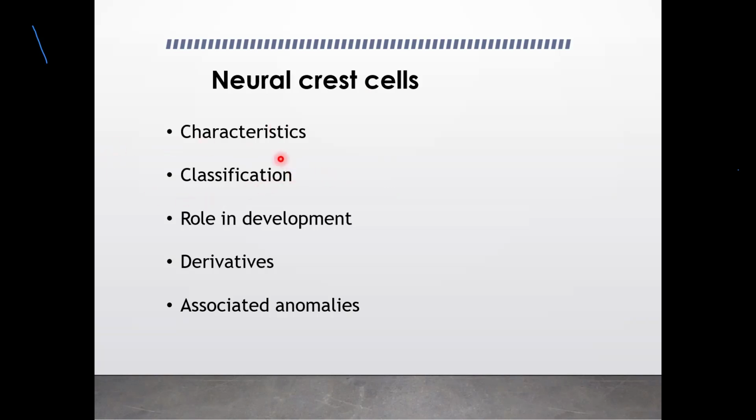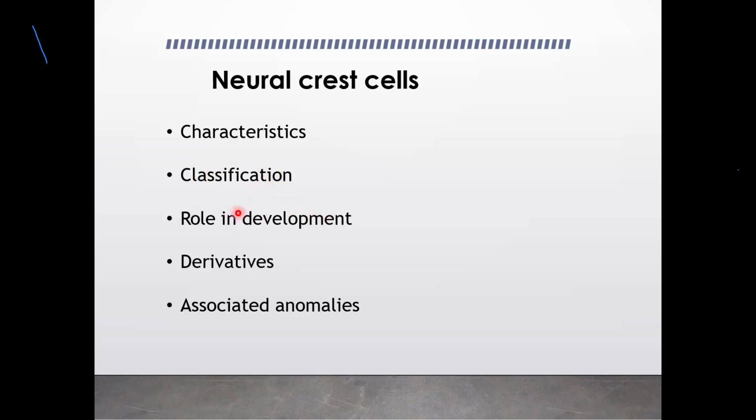You can go and check the various classifications of neural crest cells, starting with the anterior vagal neural crest cells, the cells that form the celiac region, the cells that form the pharyngeal cells. All those classifications, you can go and check on them.